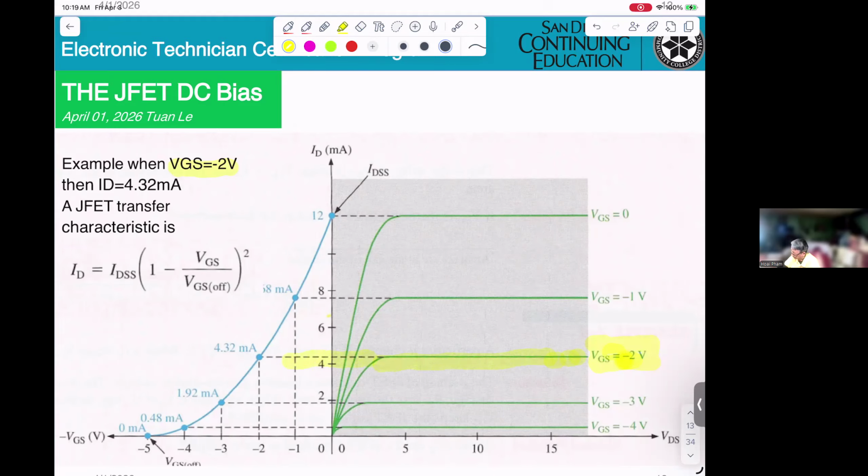Keep going, and it hits the curve at the point 4.32 milliamps.